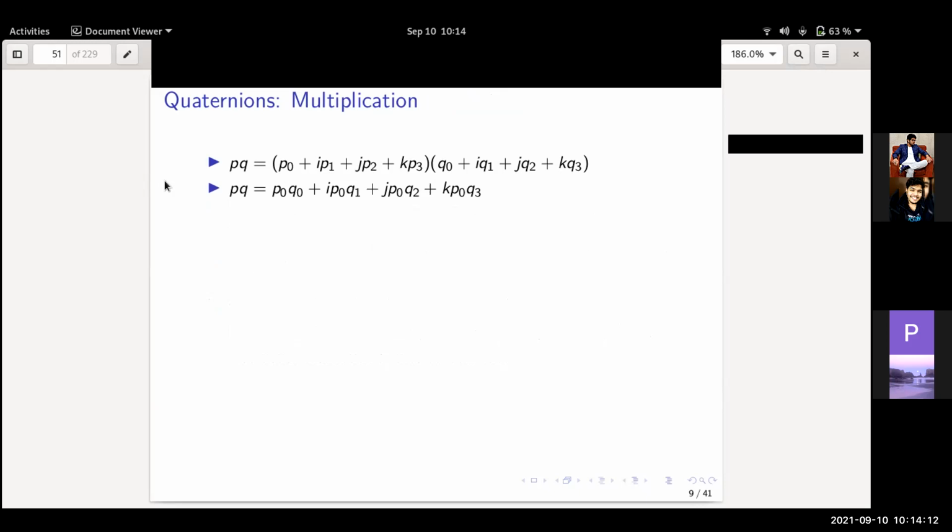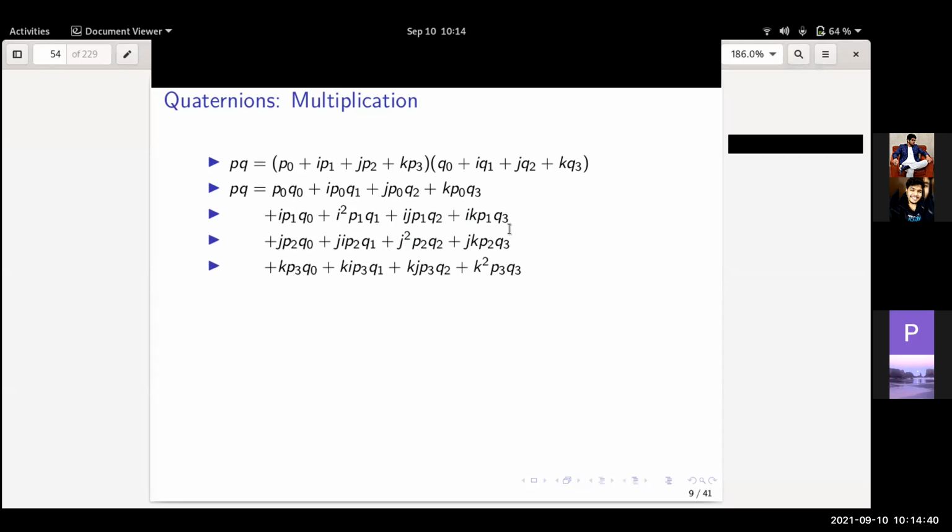If you expand that, this is what we get: p naught into q naught, p naught into iq1, p naught into jq2, p naught into kq3. Similarly, ip1 should multiply everything else. So when ip1 multiplies everything in the quaternion q, you obtain this expression. Similarly jp2, similarly kp3.